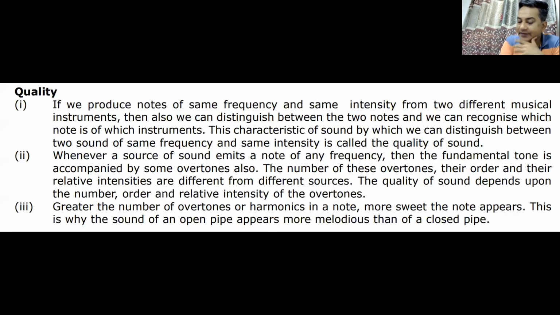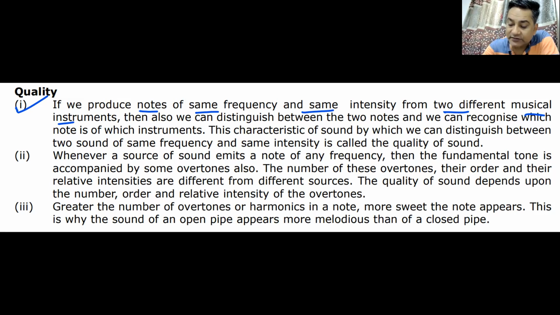Okay, and the next thing is definitely quality. You just have to see what is quality. If you hear sound of the same frequency and same intensity from two different musical instruments, say a sitar and a tabla, or a sitar and a violin and anything, you can make out which sound is coming from which.